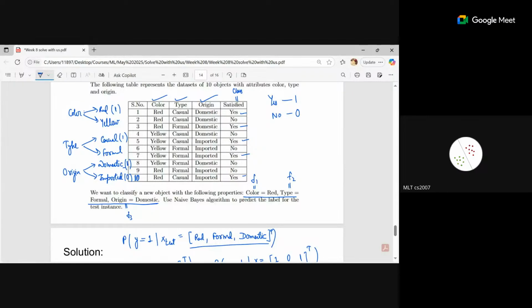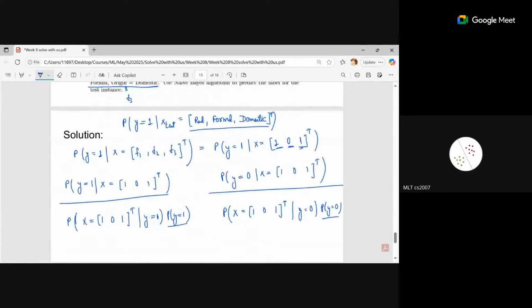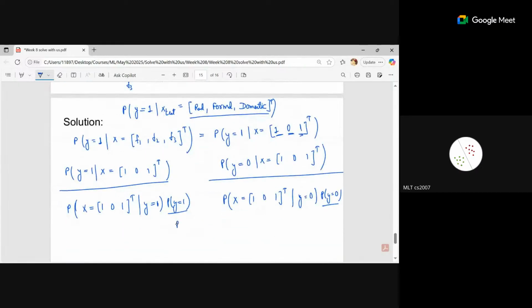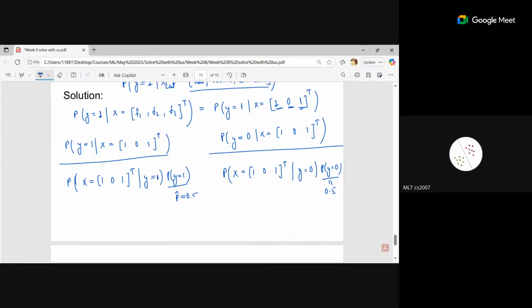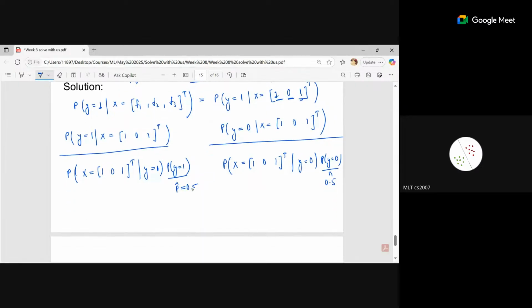The other 5 are no. So P hat, the estimate for probability Y is equal to 1, is 0.5, and this is also going to be 0.5. Both sides are equal, so we can ignore this again.